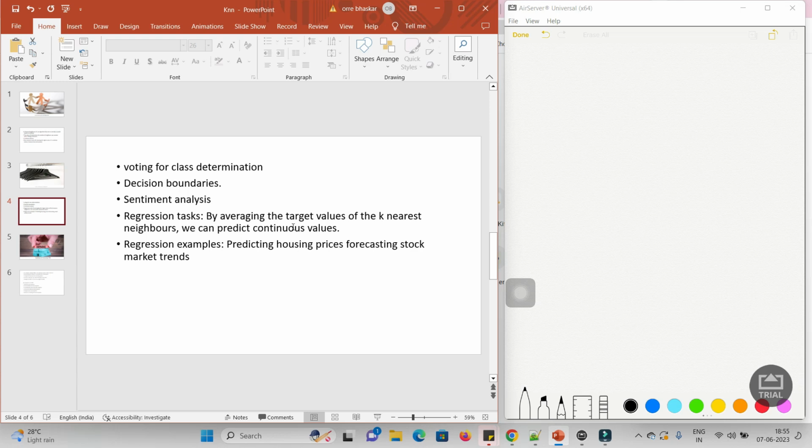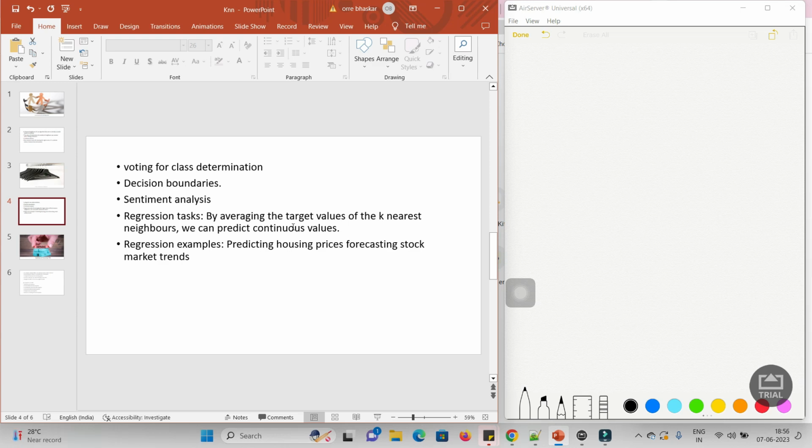So let's take an example. You are going to a movie and you're not sure whether you have to go or not go. What will you do? You will ask your friends, assume five friends, who have already watched the movie, and they will give you a review. It can be good, not good. Only two values.